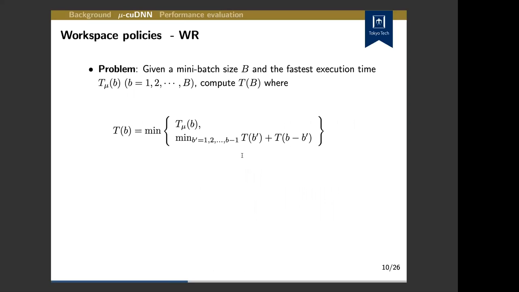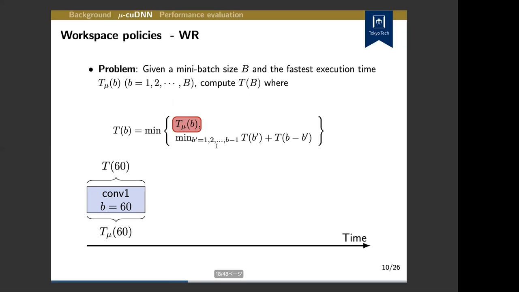So workspace reuse is an easy to understand problem. The problem is, given a batch size B, get the time to compute this batch B by calling one cuDNN convolution, T micro B, or by splitting the batch into two or more batches.